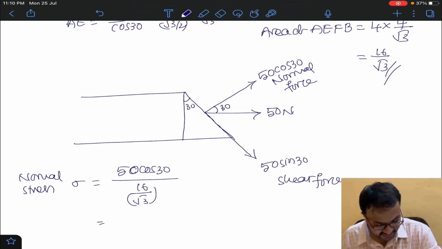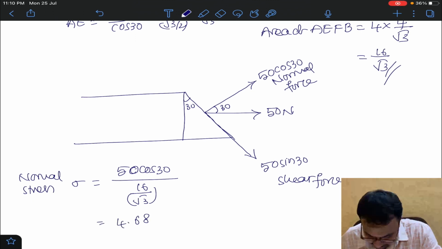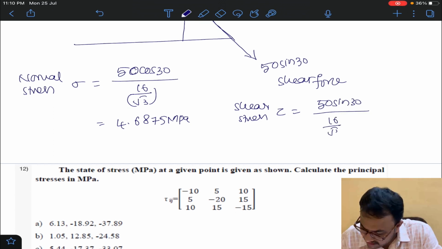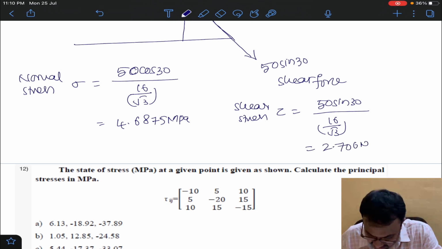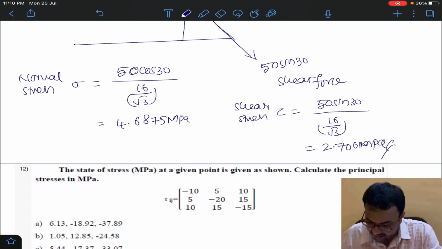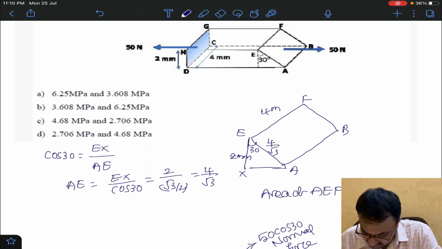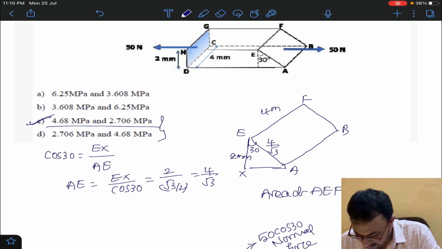So you will get normal stress as 4.6875 MPa, and here shear stress tau is equal to shear force, how much? 50 sin 30 divided by 16 by root 3 area, you will get this is 2.706 MPa. Okay, so 4.6, 2.706. Okay, he has given the answers. You can observe this option C and D.